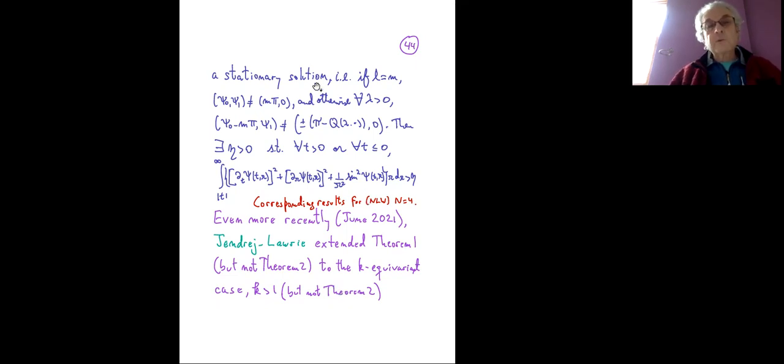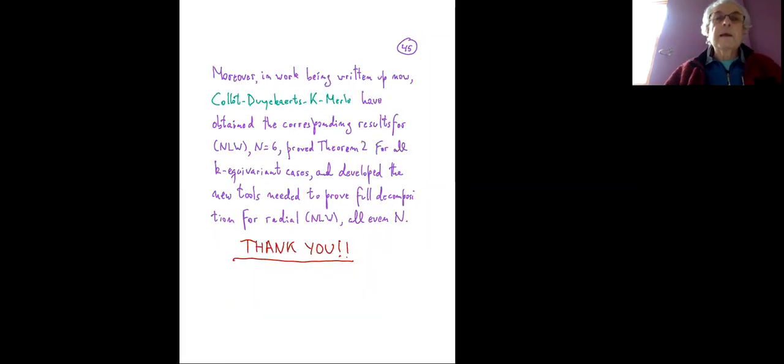But they did not prove this channel of energy. They used a different method based on the idea of no return lemmas in dynamical systems, which was introduced to the study of wave equations by Nakanishi and Schlag.